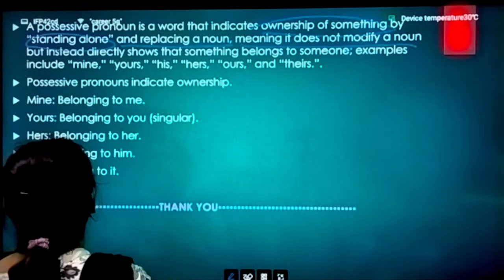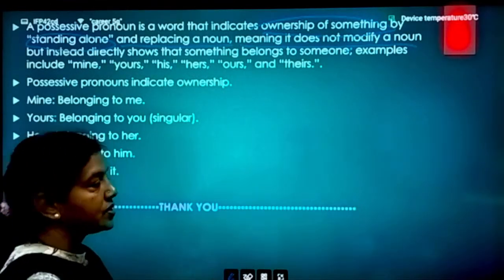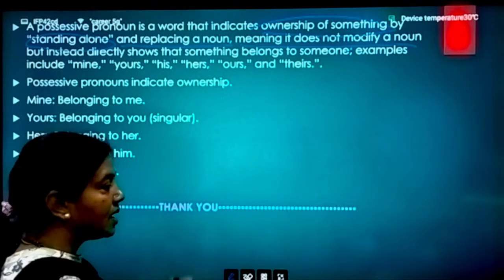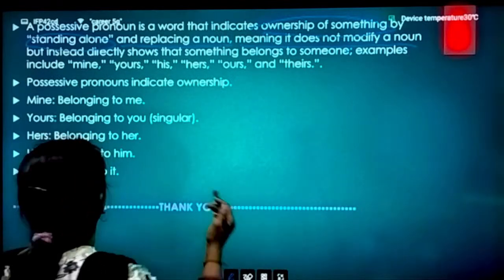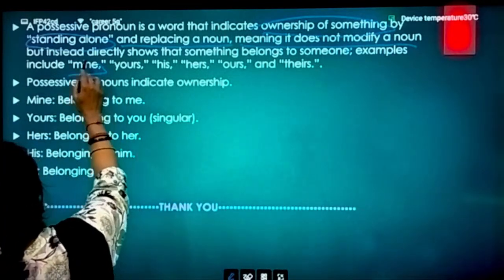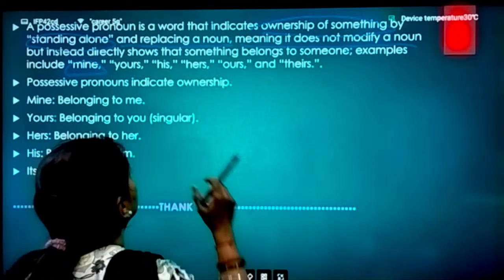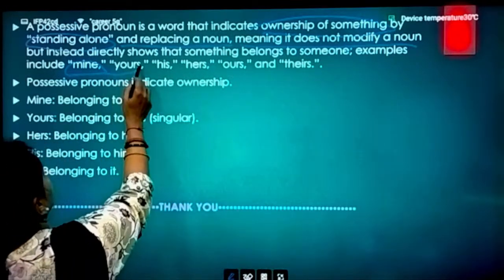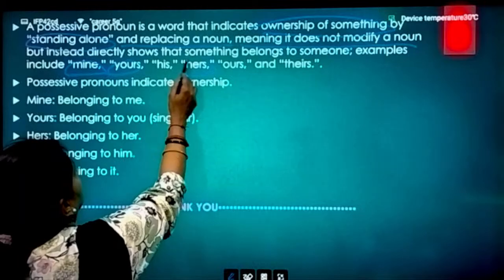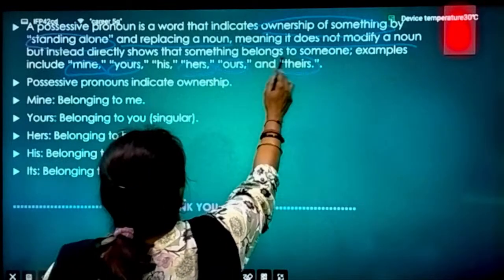Examples include mine, yours, hers, ours, and theirs. As the word indicates, it is possessive. Mine, yours, hers, ours, and theirs.